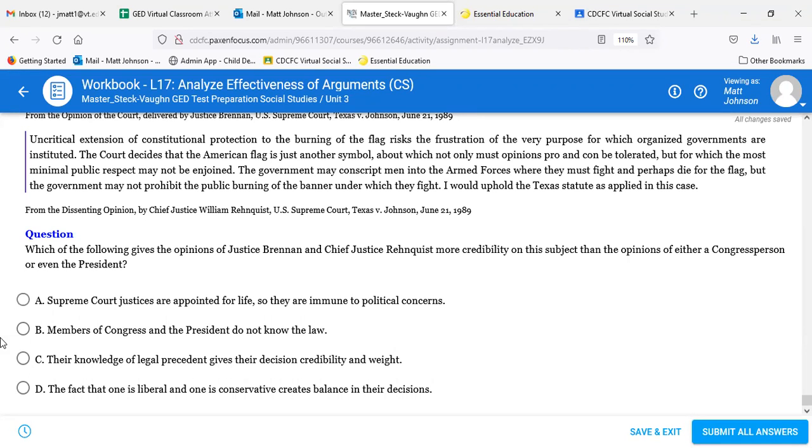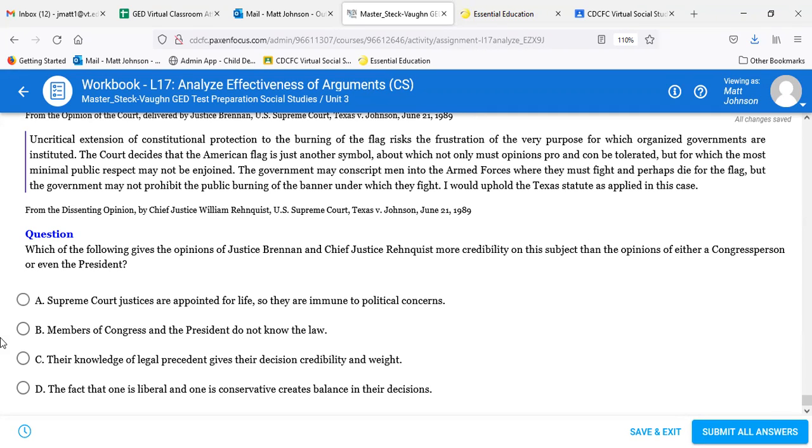Okay, the question says: which of the following gives the opinions of Justice Brennan and Chief Justice Rehnquist more credibility on this subject than the opinions of either a member of Congress or even the president?